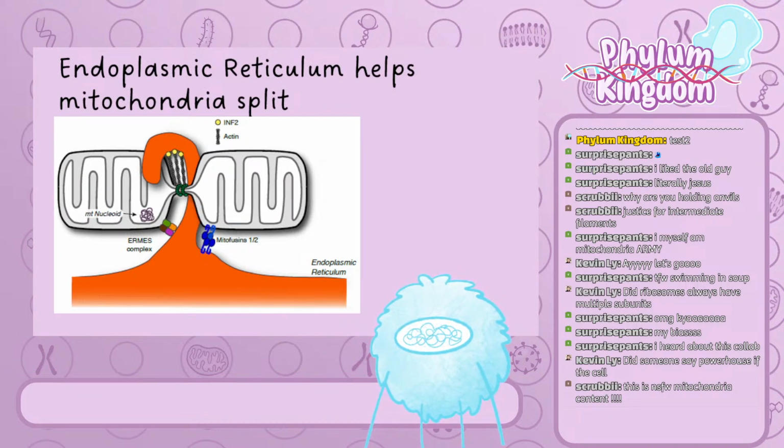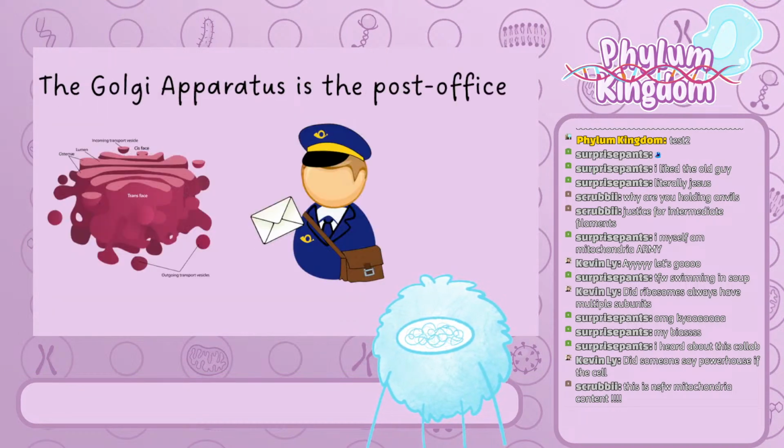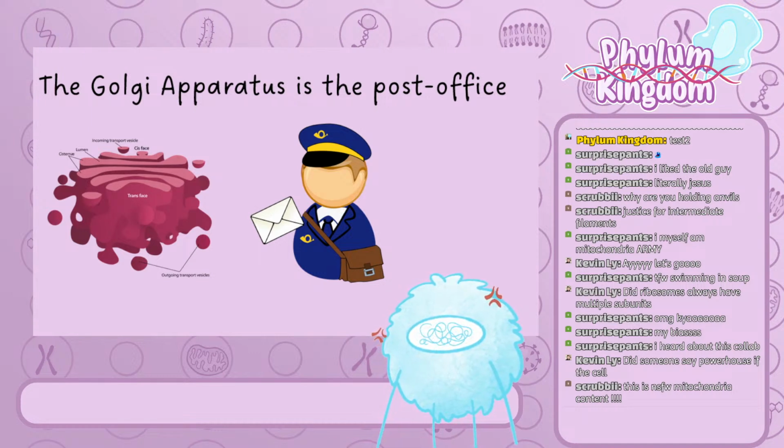Next up, we have Golgi. All right. So there's no easy way to say this, right? I spent so long trying to figure out a way to color the Golgi as something interesting, and I just couldn't.